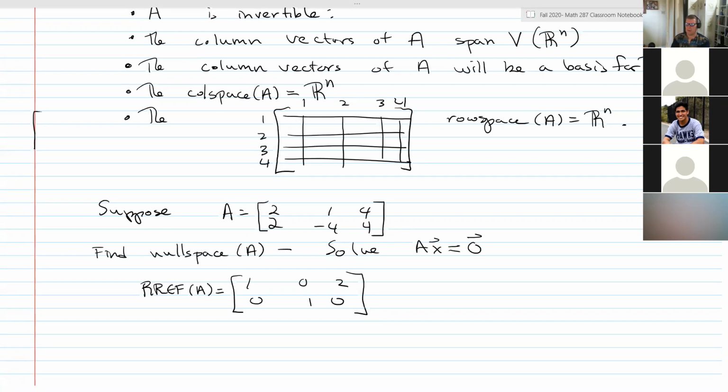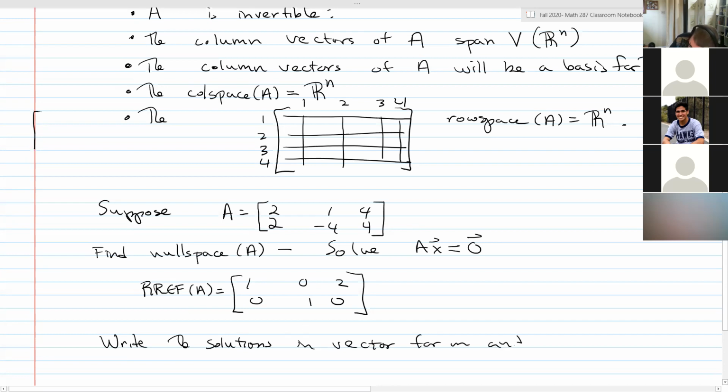When you've got those solutions, write the solutions in vector form, and then throw them up into the chat, please. I'll give a couple minutes to do that.